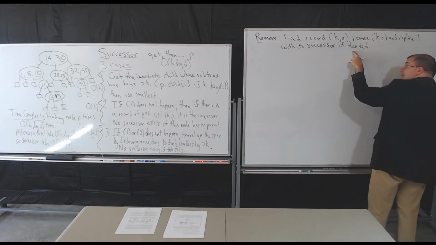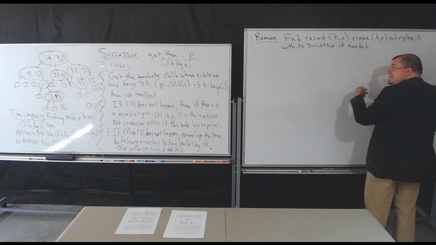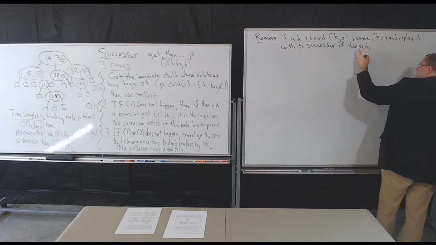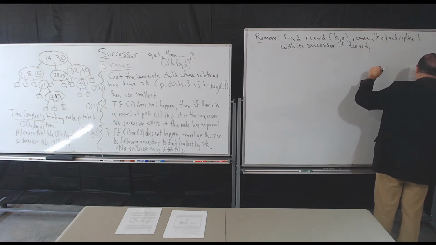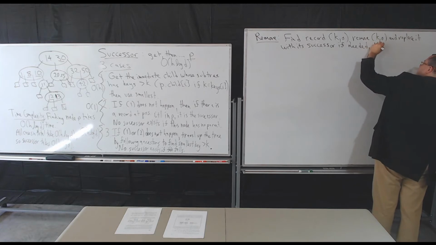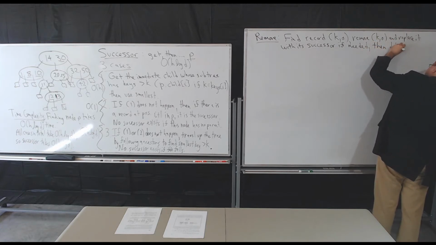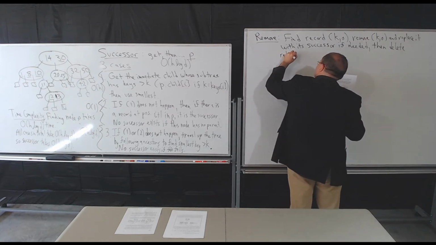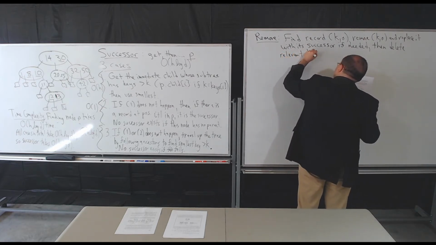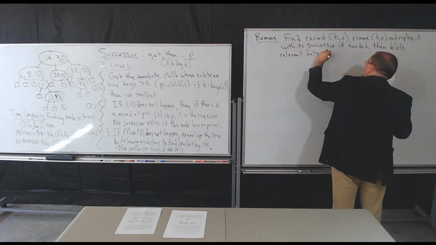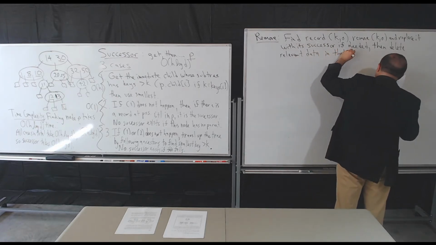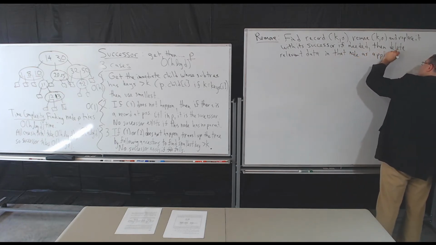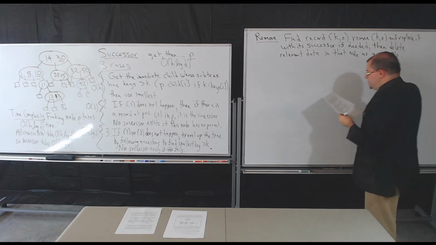Then, of course, you have to... Now, remember, when you replace the successor, did we just leave the successor sticking around in the tree? No, right? We have to still delete the successor from where it originally was. Then delete relevant data in that node as applicable.